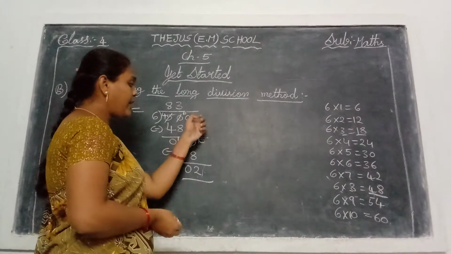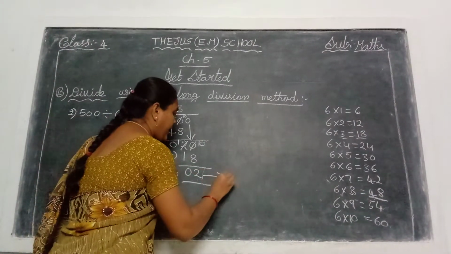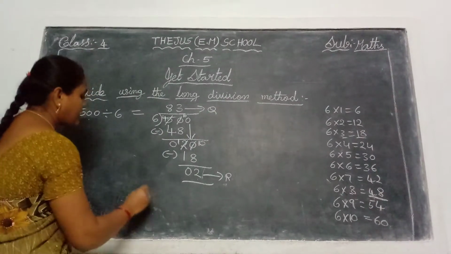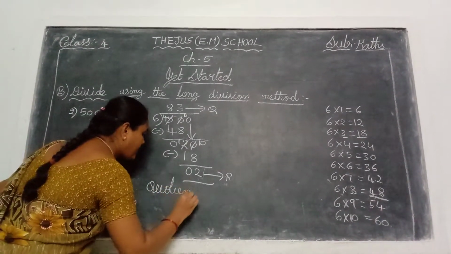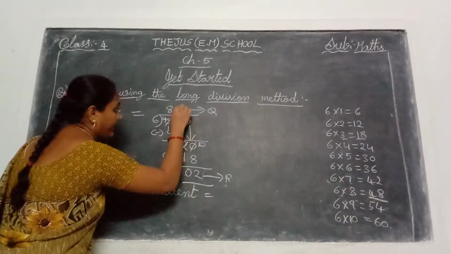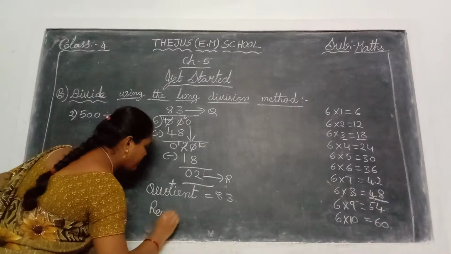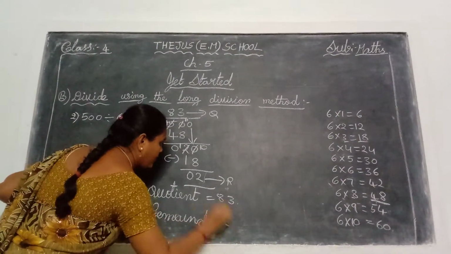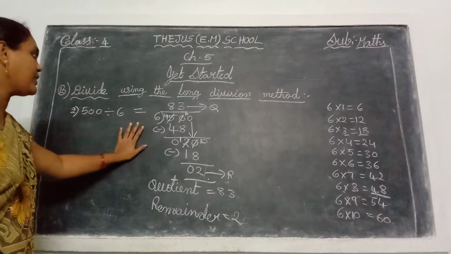Any number is there, you write it down here. Down? No. So this is the remainder here. This is the quotient. So right here the answers are quotient and remainder. Quotient is 83 and remainder is 2. Okay, note this sum also in your notebooks, children.